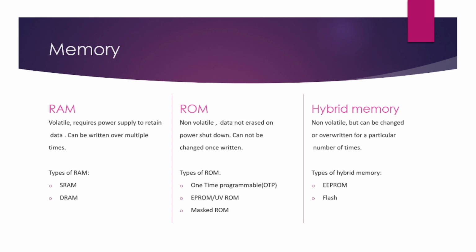ROM is non-volatile, data is not erased on power shutdown, and it cannot be changed once written. Types of ROM are one-time programmable, EPROM, and masked ROM. Next, hybrid memory is non-volatile but can be changed or overwritten a particular number of times. There are two types of hybrid memory: EEPROM and flash.